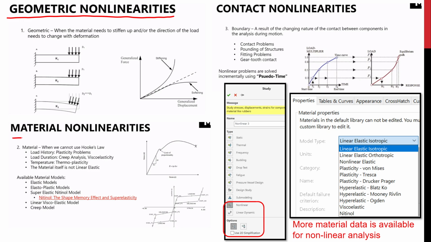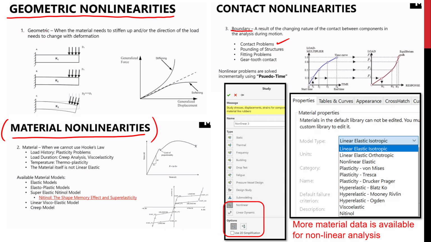Number two is material non-linearities. And the other one is boundary non-linearities. For example, you have things like contact. Contact provides a lot of non-linearity. So we are going to do an analysis on material non-linearities, which is the most common one.